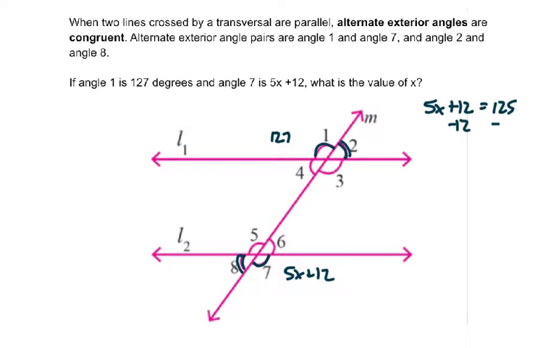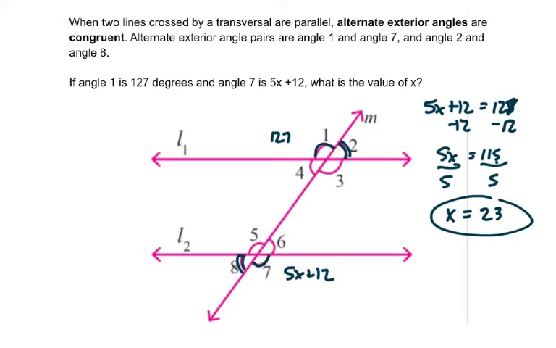Minus 12, I get 5x equals 115. I divide by 5, and if I used a calculator, I would know that was 23. It said find x, so there's no sense in plugging it back in, because we also know that this one is also 127.